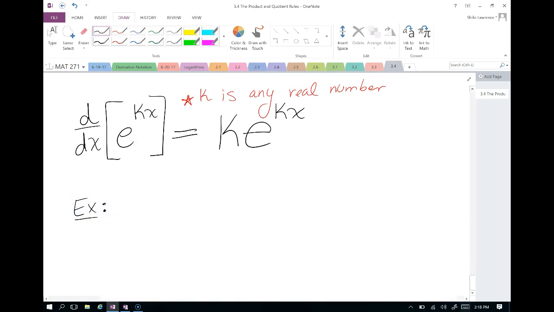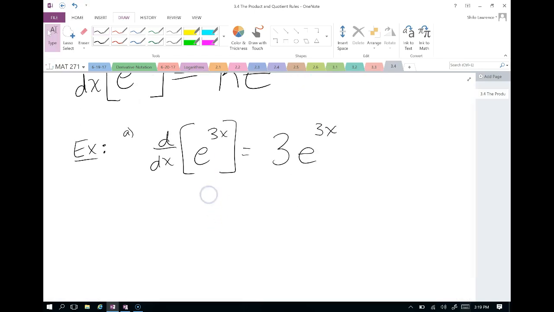So let me show you an example of some numbers. Sometimes those arbitrary letters in there make it kind of tricky. The derivative for e to the 3x is 3e to the 3x. The derivative for e to the x over 2.